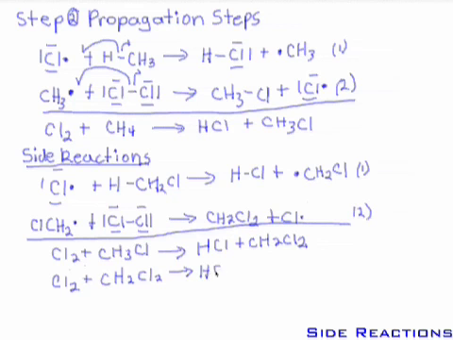And if it abstracted hydrogen, it would make HCl, and you'd have chloroform, CHCl3. And finally, as the chloroform concentration built up and it began to get attacked, Cl2 would react with chloroform, and you'd get carbon tetrachloride and HCl.